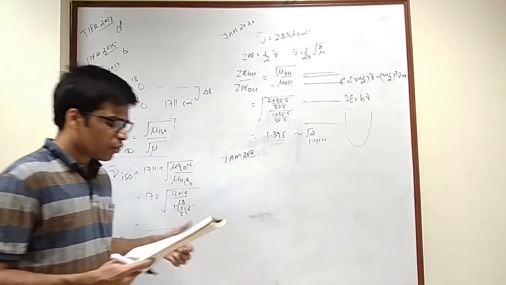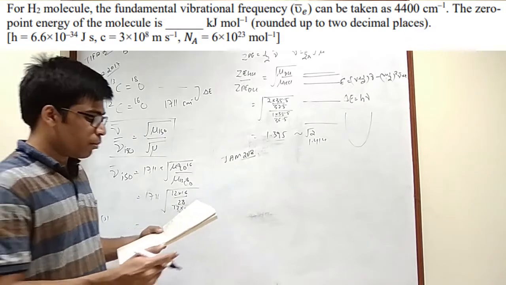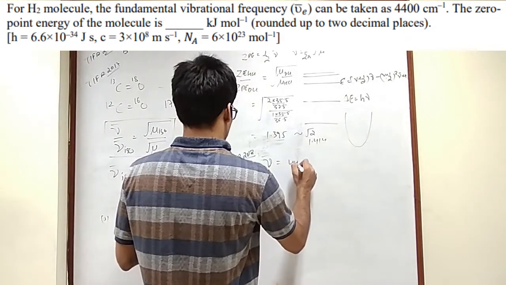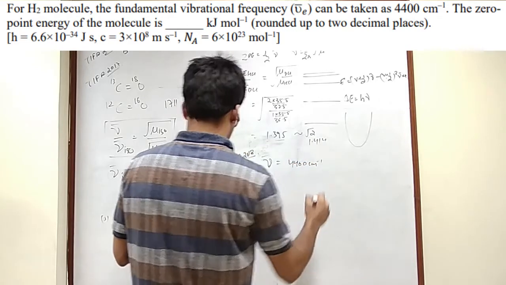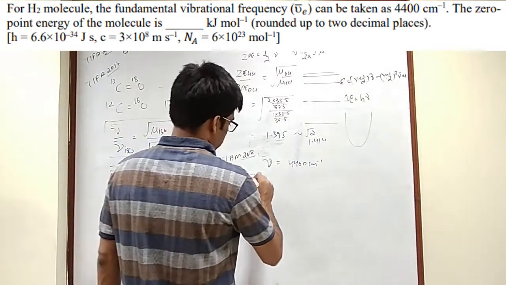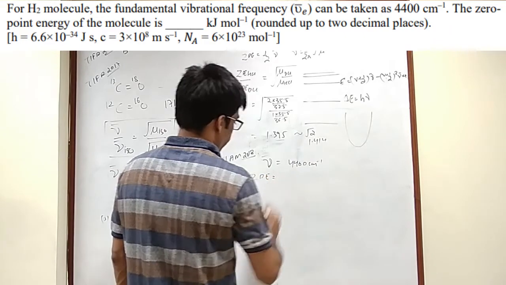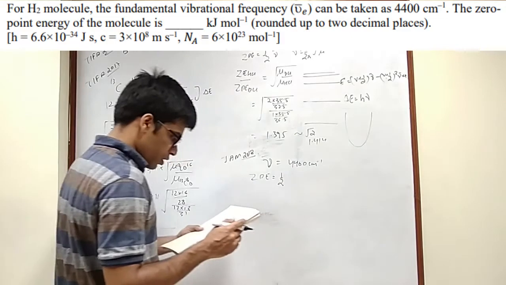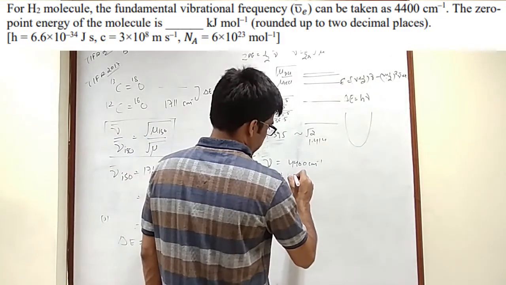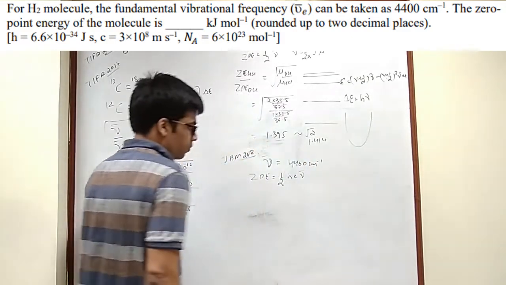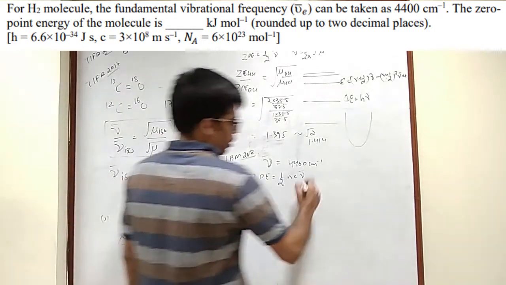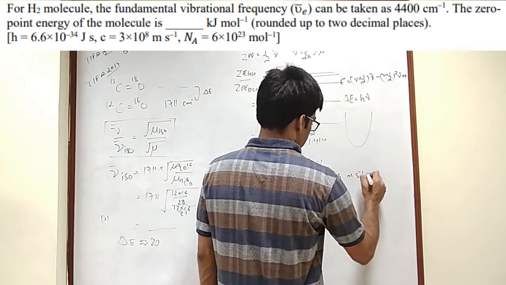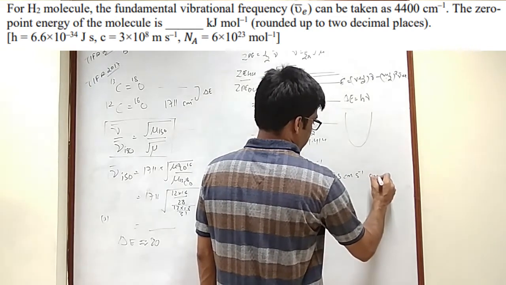The next is from JAM 2018. The question says, for the H2 molecule, the fundamental vibrational frequency is 4400. You have to find the zero point energy of the molecule. Now it could simply be half h c nu bar. Zero point energy is asked in kilojoule per mole, so it has to be h c nu bar in order to get joules. h is in joule second, c is in centimeter per second, and this is centimeter inverse.